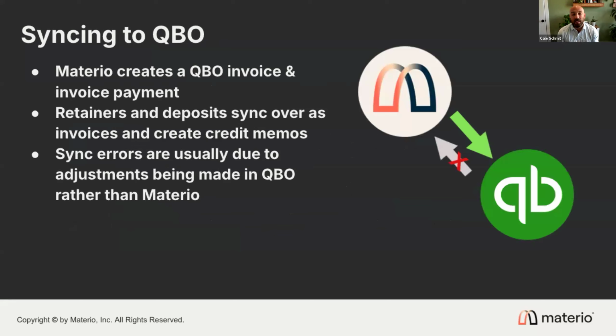If you delete a document in Materio and you're connected to QuickBooks, we're going to delete that document from QuickBooks. So we stay synced with QuickBooks, but whenever you make those edits in QuickBooks, those do not swim upstream to Materio, and that's when we have those sync errors. So I want to emphasize Materio writes to QuickBooks, but QuickBooks does not write to Materio.